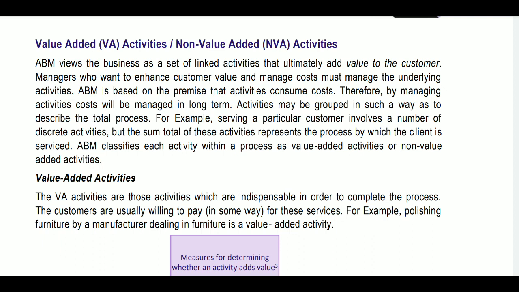For example, take polishing furniture by a manufacturer dealing in furniture. If he does not polish the furniture, it does not look good. So the customer will also be ready to pay for that polishing. That is the value added activity, because value is added when you polish the furniture.